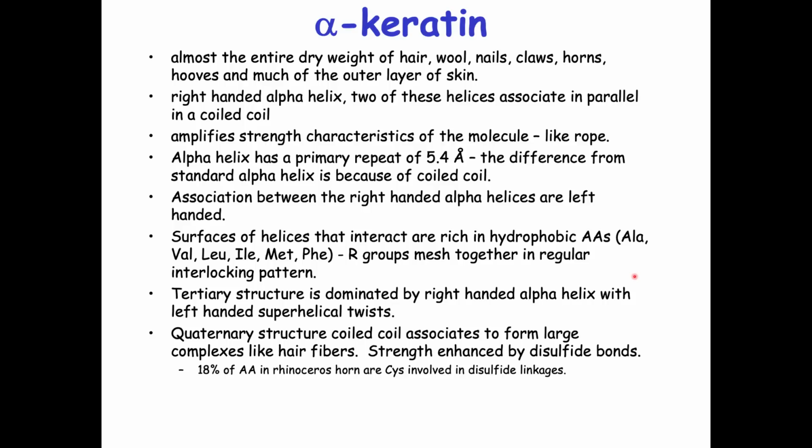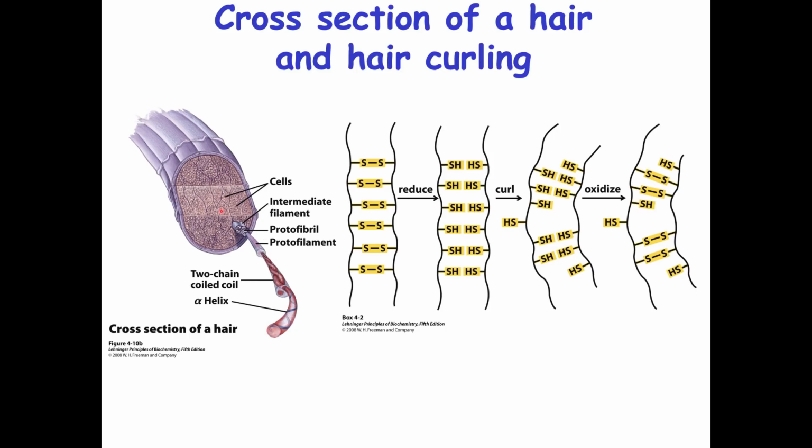And just as an anecdote, 18% of the amino acids in rhinoceros horn are cysteines that are involved in disulfide linkages. And basically you get this hierarchical structure formation. So you get a coiled coil, a bunch of coiled coils form a protofilament, and protofilaments combine together to form protofibrils, and so on. The higher order structure of keratin.